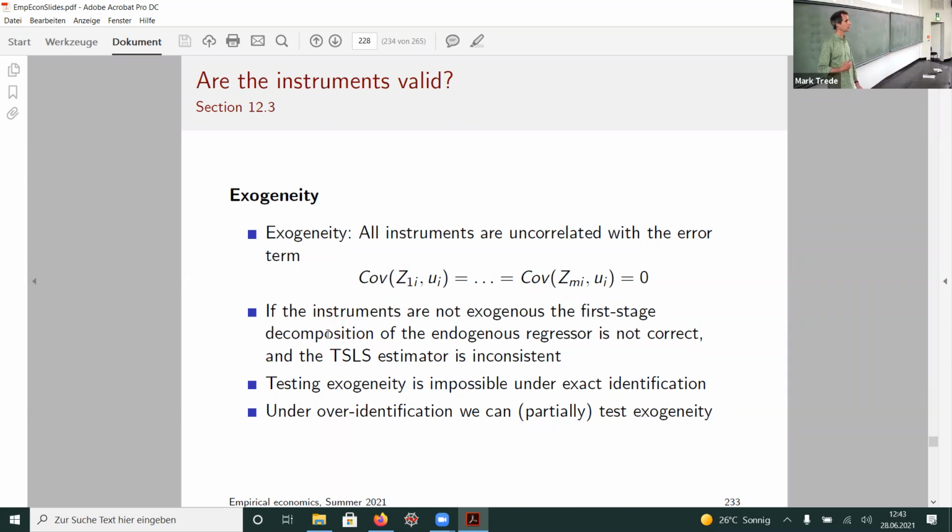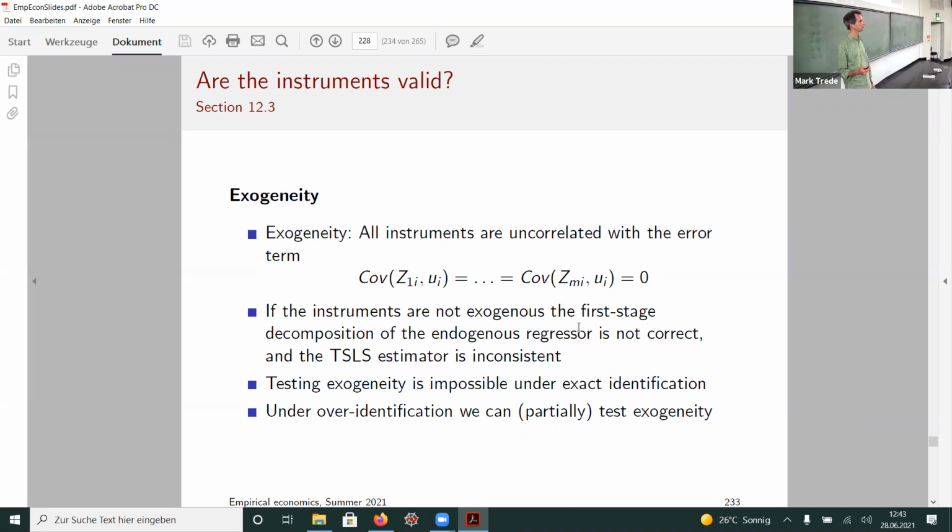Okay, how can we check? So that's the problem. We get inconsistent estimators. How can we find out if we actually suffer from this problem? Well, testing exogeneity is possible under certain circumstances, but it's not possible if we are in a situation of exact identification.